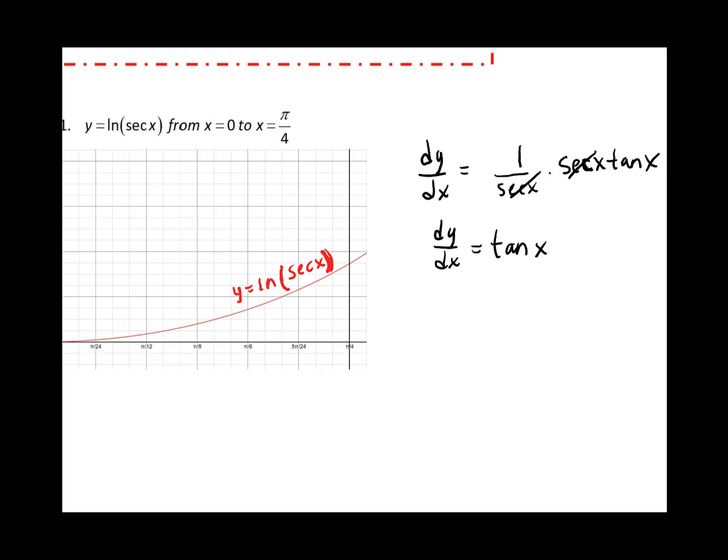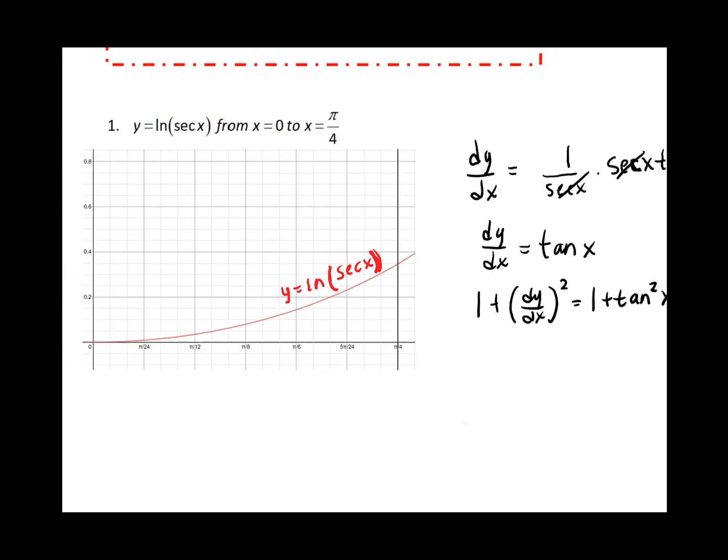And since we're going to have 1 plus dy dx squared, let's go ahead and do that before we pop it back into the integral. So 1 plus dy dx squared would be 1 plus the tangent squared of x. It's not that important to do that here, but it does make a little more sense for ones where we're going to have some algebra to compute.